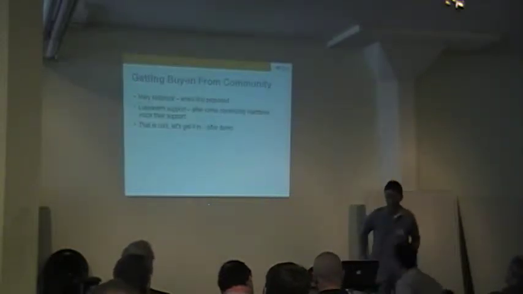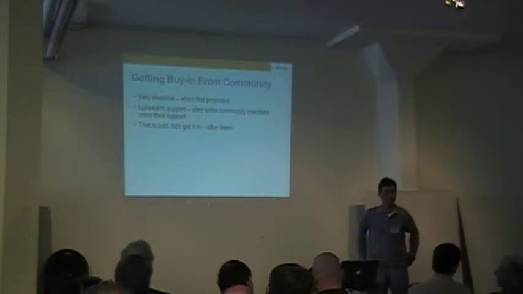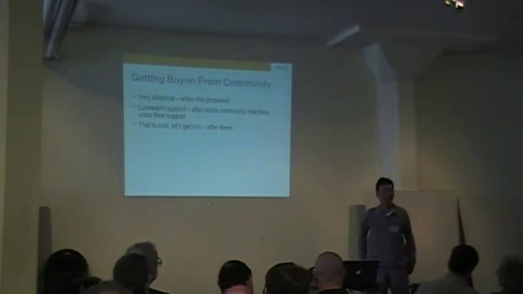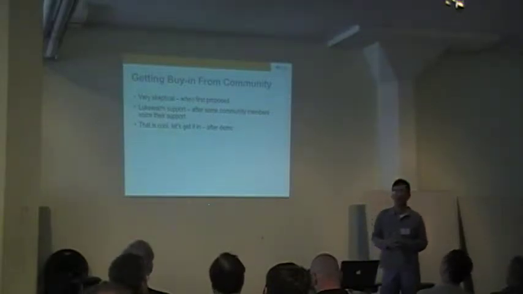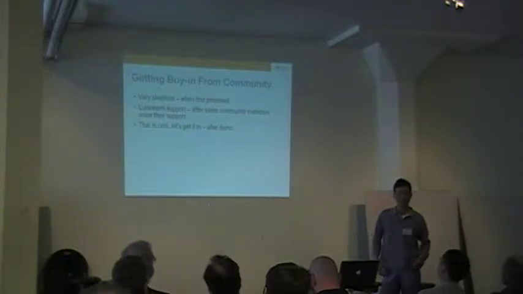Okay. So, as you all know, working with the open source community is a little tricky. You can't just do whatever you want. You pretty much have to get their buy-in and get the developers to agree to what you want to implement in terms of features.